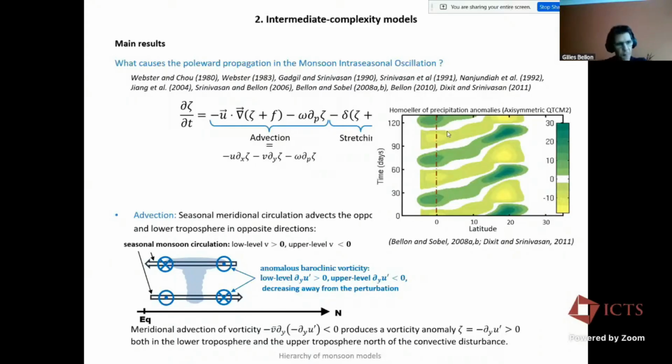Because in a lot of models, we had seen at the time that the coupled model would produce better intraseasonal variability overall, but in particular the monsoon intraseasonal oscillation than the atmosphere-only model.